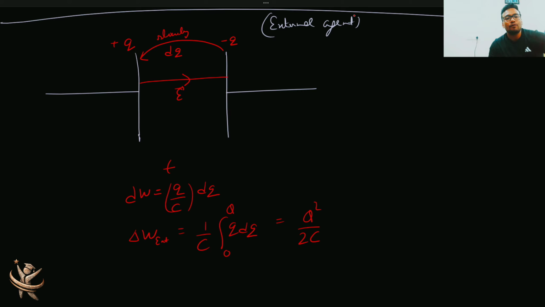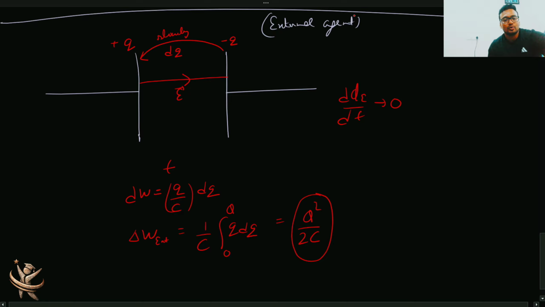So the rate of change of charge over the capacitor, and hence the rate of change of electrostatic field, and hence the electrostatic flux, is very slow. So basically this d phi_E by dt is tending towards zero. So there is no involvement of an external battery here. There is no involvement of radiation. So now you got that the capacitor is storing Q square by 2C.